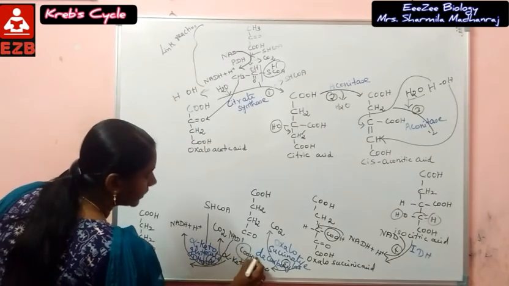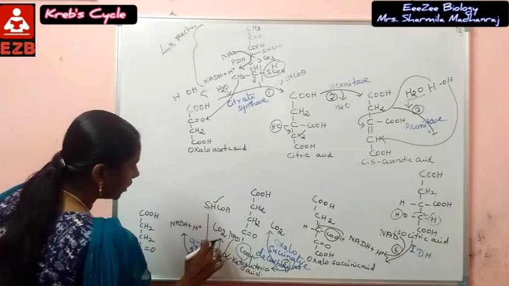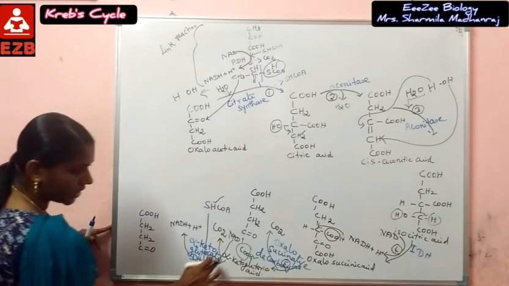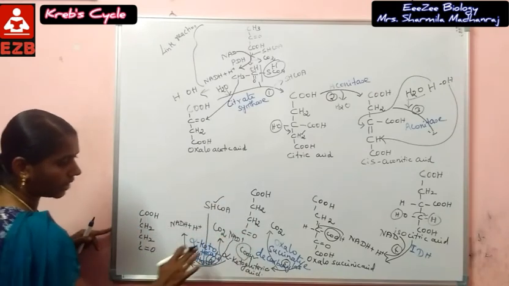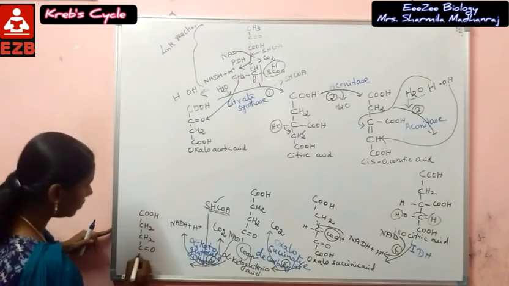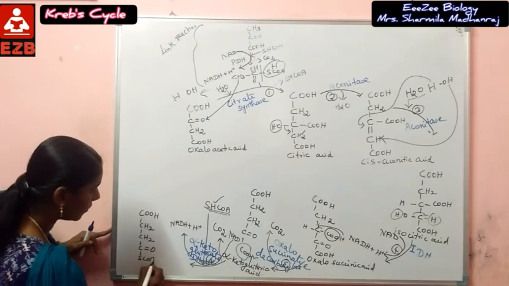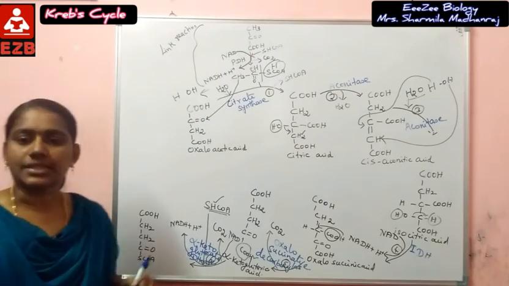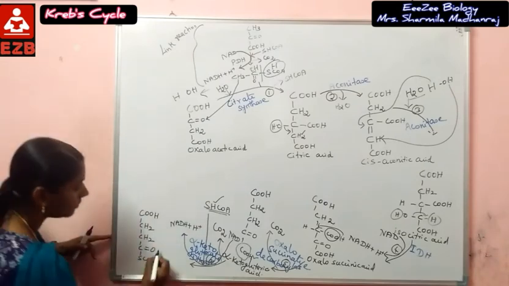Next, this hydrogen and this hydrogen join to NAD, so the NAD is converted to NADH plus hydrogen ions. The remaining is joined to this group. So S-CoA, that is succinyl-CoA.